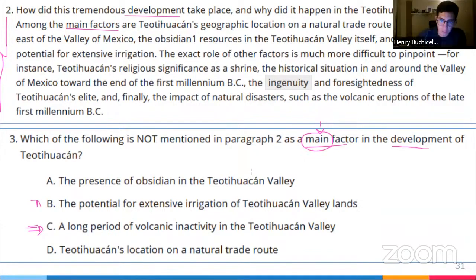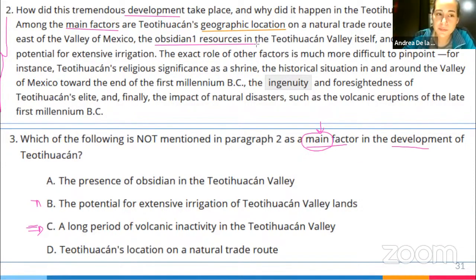Teotihuacan's geographic location on a natural trade route to the south and east of the Valley of Mexico. Great, Henry. Perfect. That is the first main factor. What about the second? The obsidian resources in the Teotihuacan Valley itself.